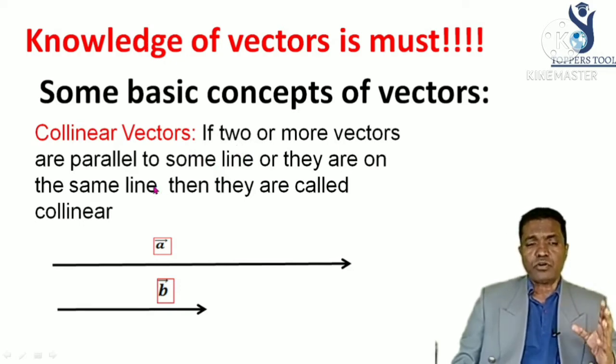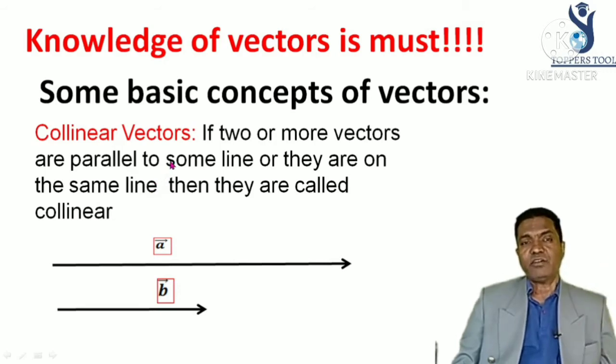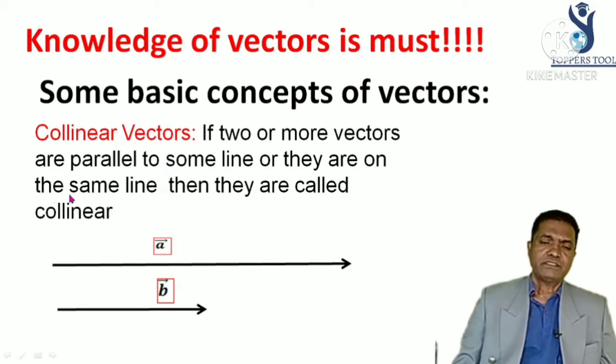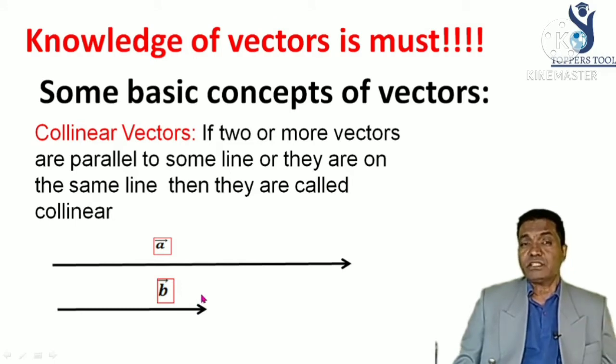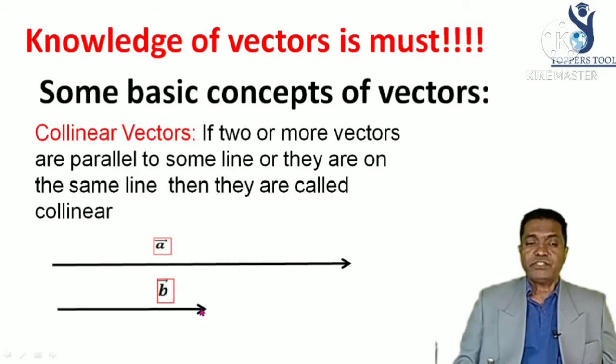If 2 or more vectors are parallel to some other line or the same line, then they are called collinear vectors. Look at this: these two vectors, vector A and vector B. Looking at this, you can say that they are along the same direction and parallel to each other, or they are parallel to some third line. Such vectors are called collinear vectors.